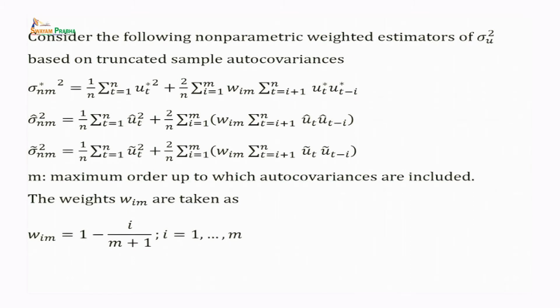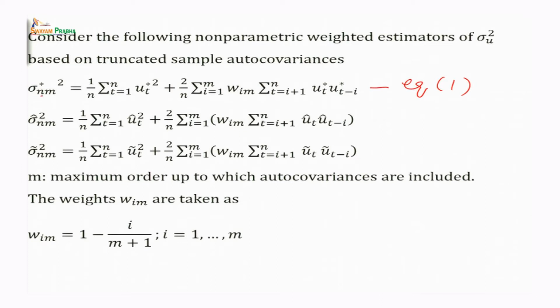Now, we consider the following non-parametric weighted estimators for sigma square u, which are based on truncated sample autocovariances. In fact, for obtaining these estimators, we have used the first m sample autocovariances of estimated residuals. This first estimator is for equation 1, that is for the model which does not have drift or trend.